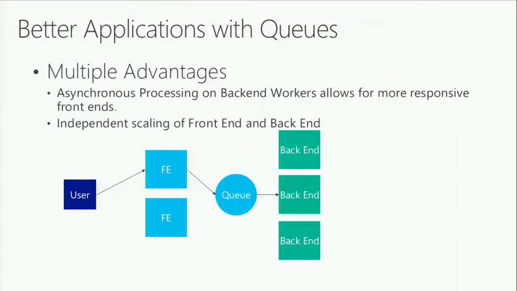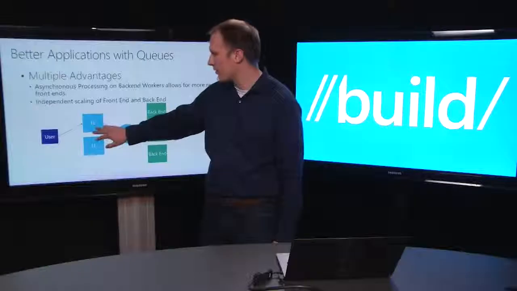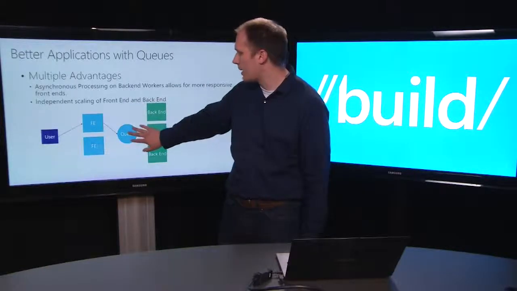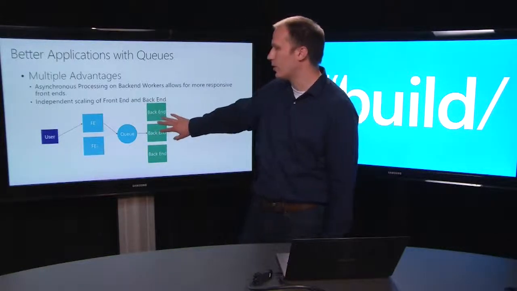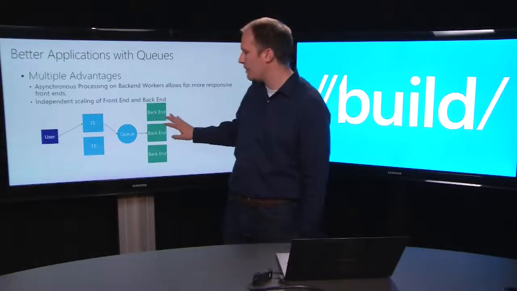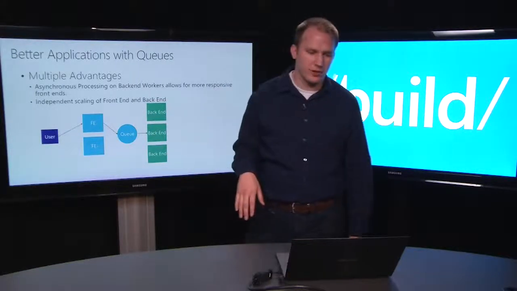So in this example, we've used a queue. A front end takes in a request for maybe some long-running process. That front end, instead of doing that long-running process itself and blocking out CPU resources on that front end, is going to put that message in a queue, let the back-end workers handle it, and maybe store the results back into Azure storage.